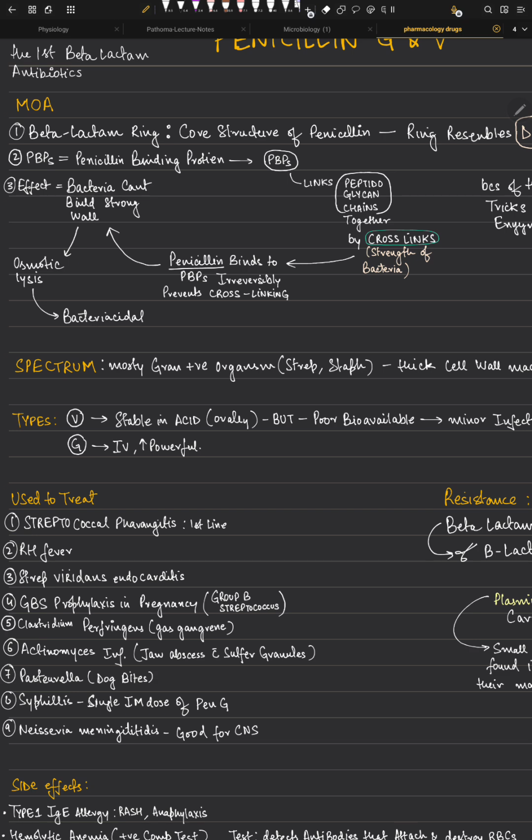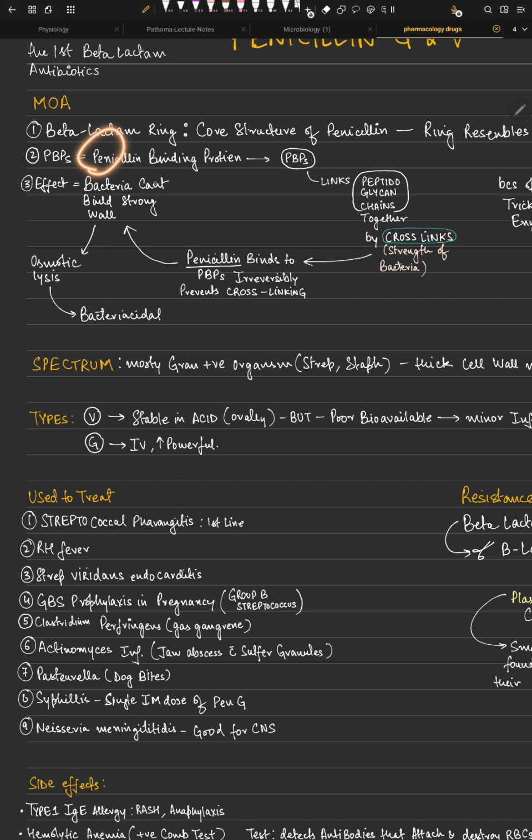So that makes this PBP really bad. It cannot cross-link now. This PBP is inactive now. The result of this is that they have a defective cell wall.